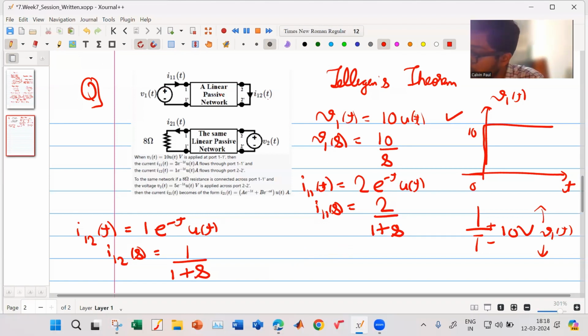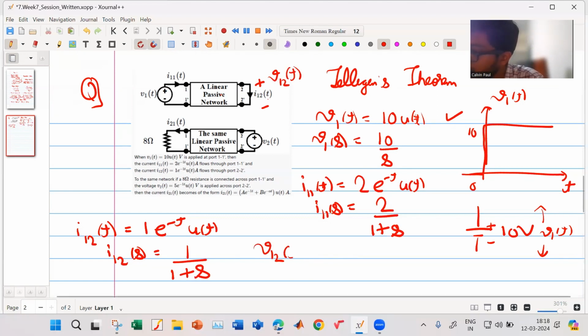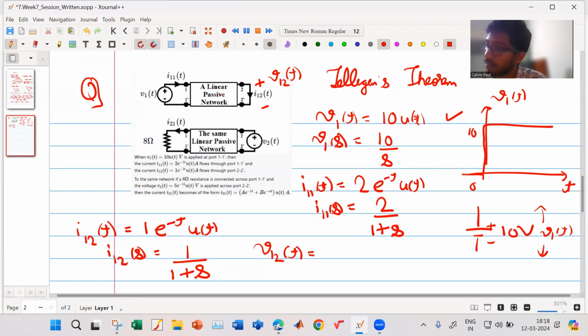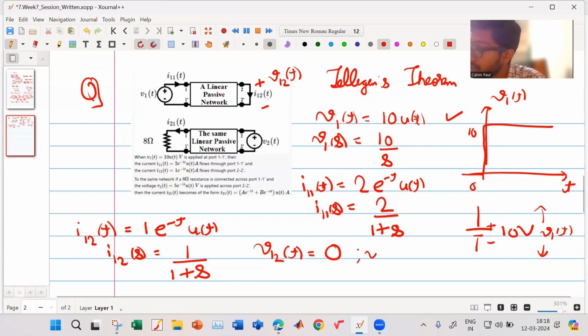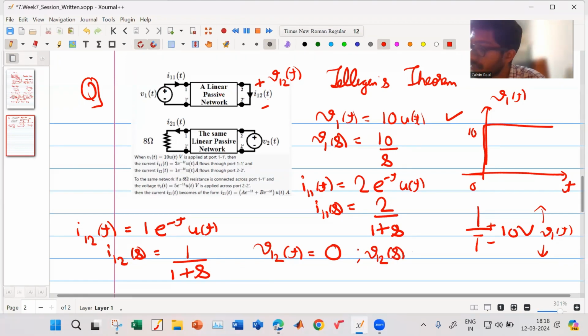This is V1t. Let us assume this voltage over here. This is V12 of t. What is the value of this voltage? It is 0. Okay. So what is V12 of s? It is also 0.